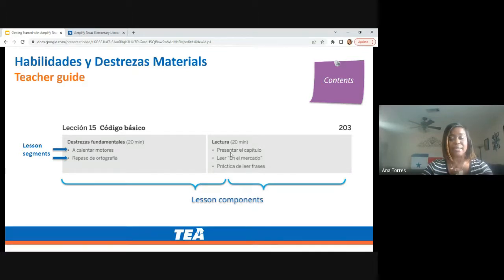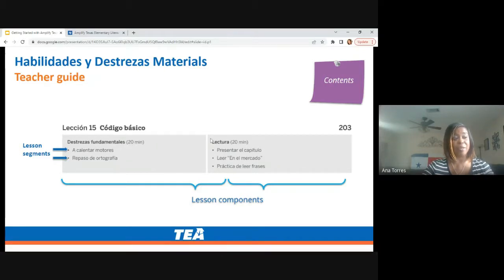And in those lesson segments, you will have presentar el capítulo, which just means to present the actual chapter; leer en el mercado, which is read the actual article in el mercado; and then what you'll also have is práctica de leer frases, which is practice reading phrases.